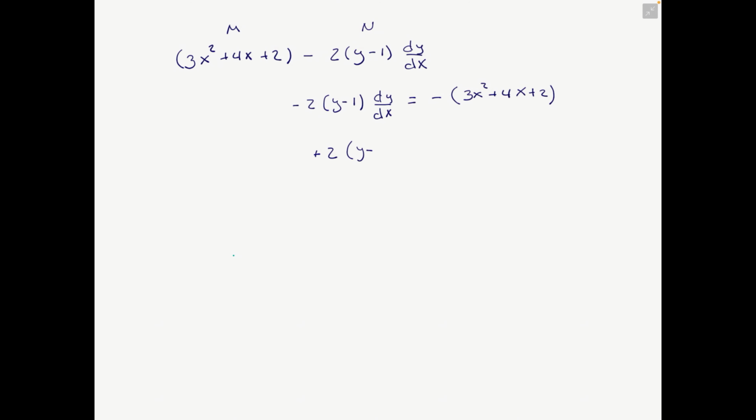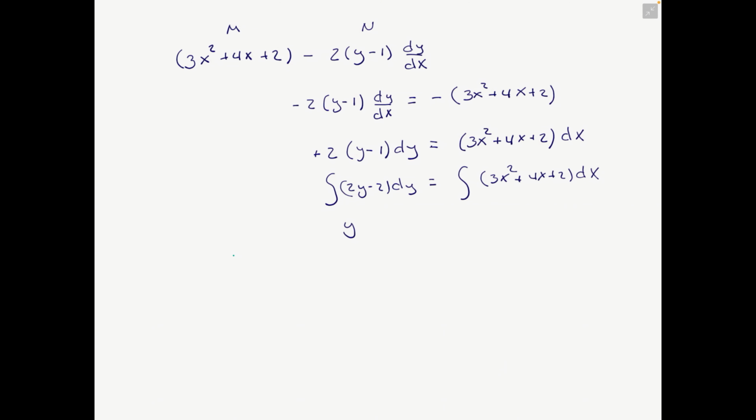We have minus (2y minus 1) dy/dx is equal to minus (3x squared plus 4x plus 2), and now we can make this positive: (2y minus 1) dy equals (3x squared plus 4x plus 2) dx.